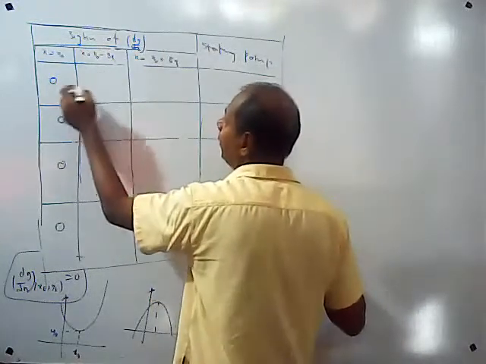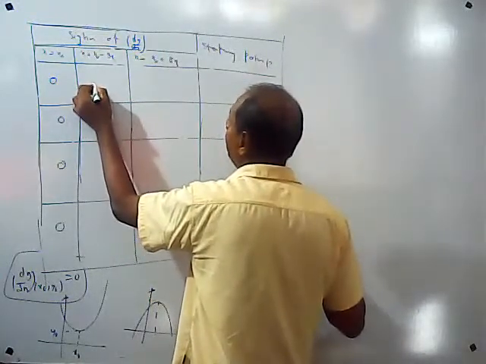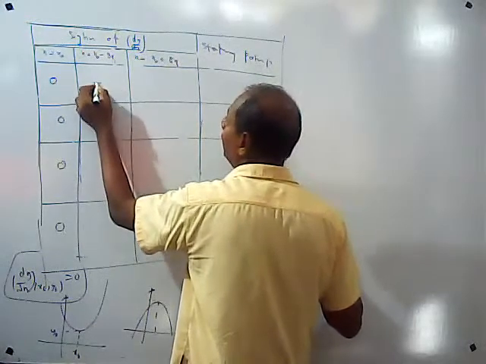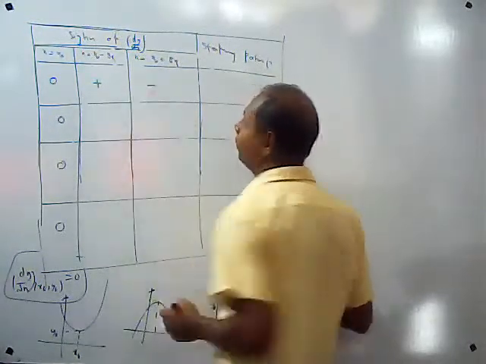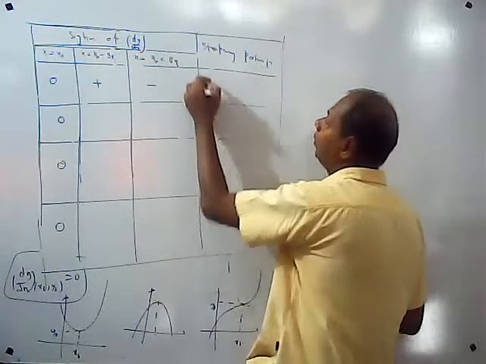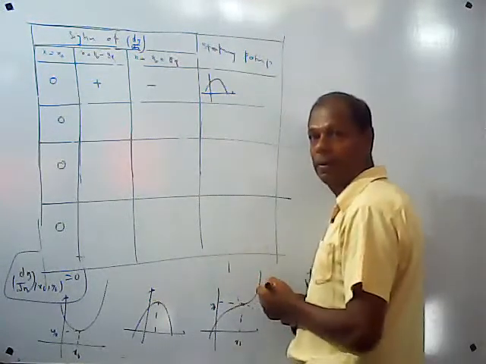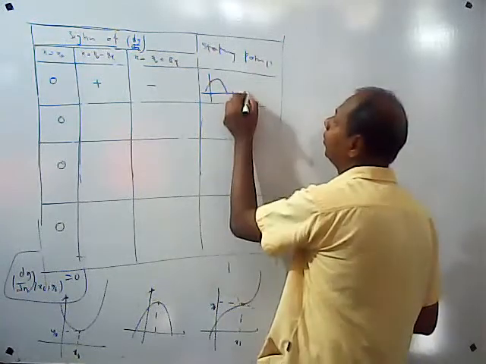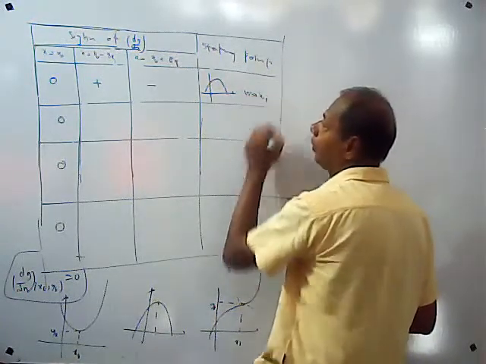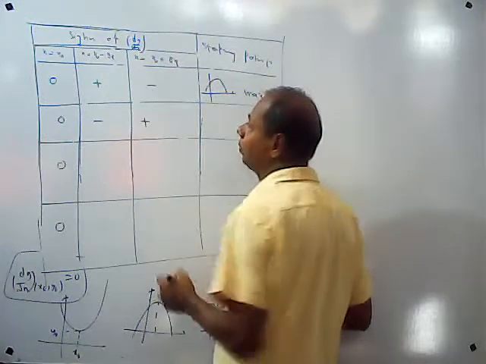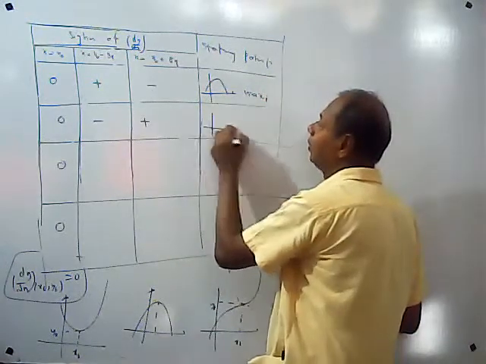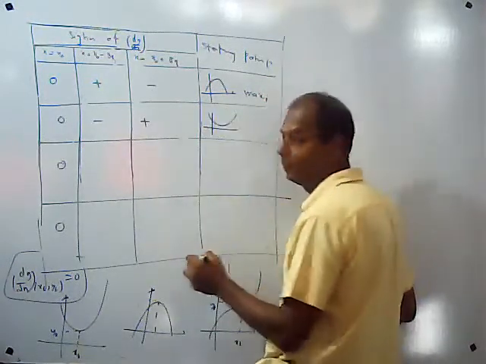Then a little left to that, it is positive, then a little right to that, say it is negative, then we know that it's the local maximum, right? If negative and positive, it's the local minimum.